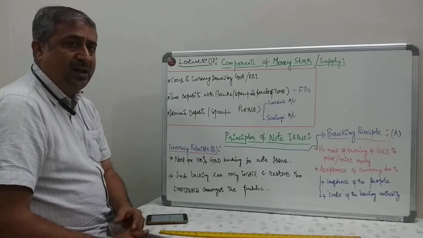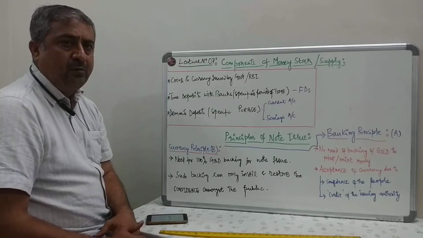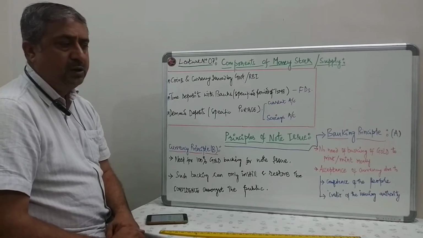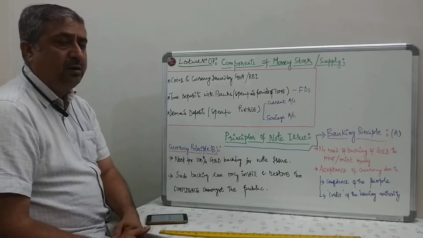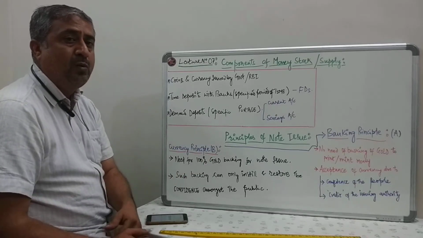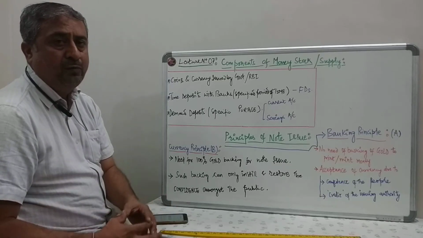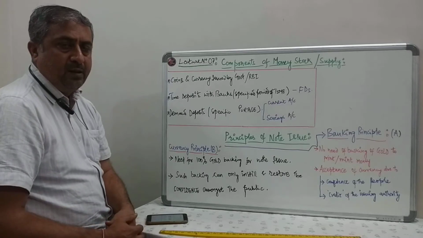So there has to be a certain principle. Like I said, nothing works in finance without logic or principles. So what are the principles that are used for note issue? How does the government or the RBI or the central bank of any country issue notes?